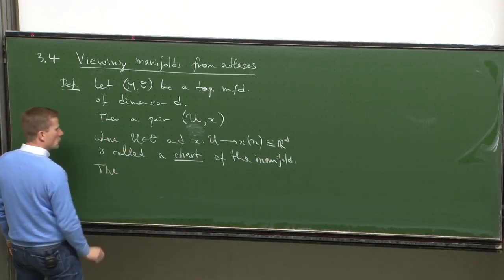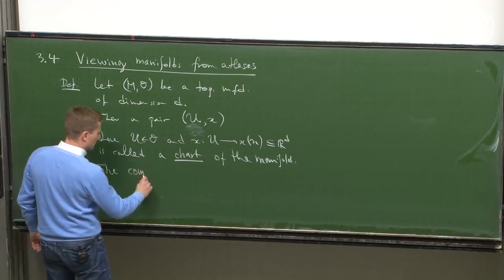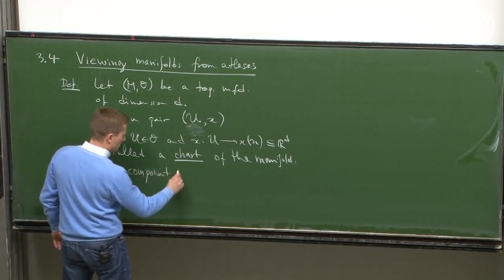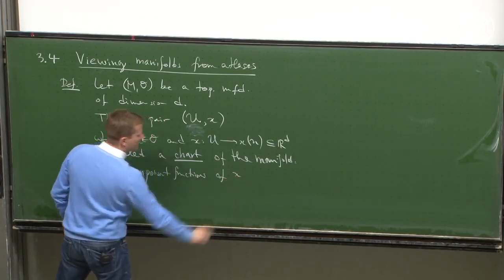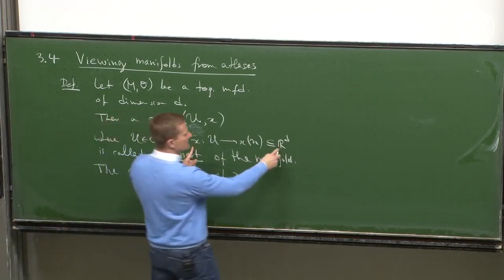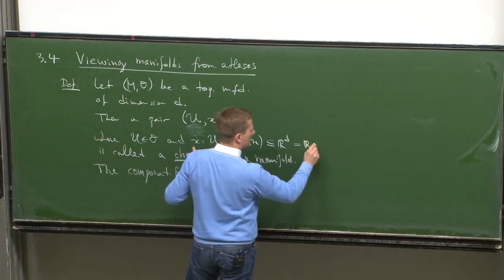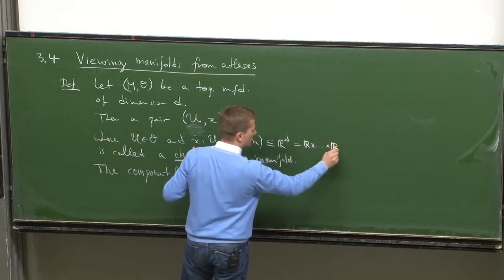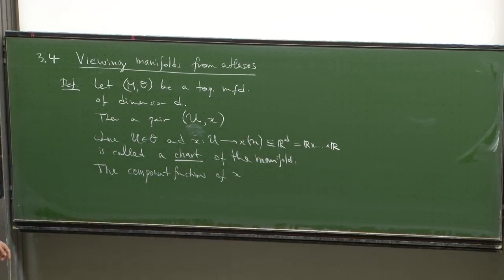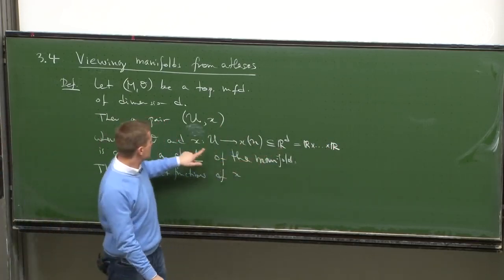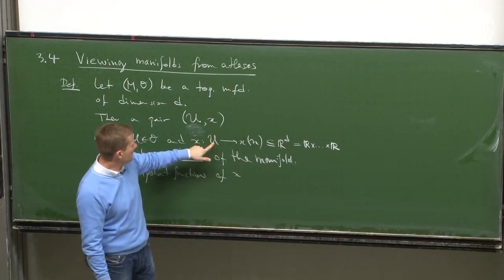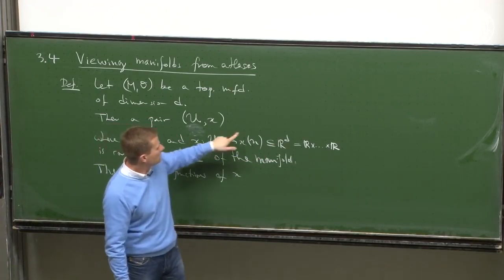The component functions of x, well, what's that? Well, x lands in R^D, but what is R^D? R^D is a Cartesian product of lots of R's. Now, if I have such a map x, I can ask, what is the result of mapping a point p in U into R^D?